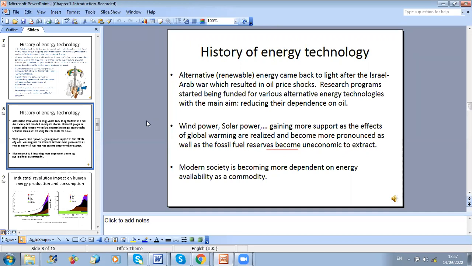Okay, so the energy consumption to extract them becomes very high, so their prices will rise, of course. So in modern society, we need to become more dependent on energy availability and on the use of free and renewable energy such as wind power and solar power.